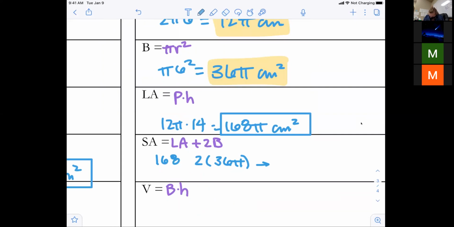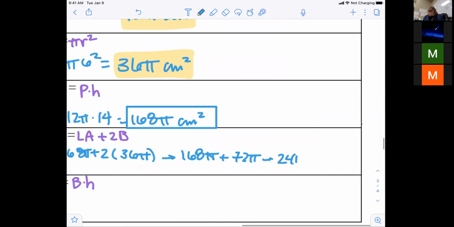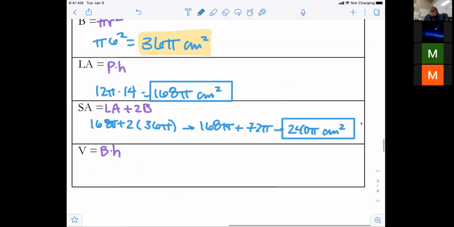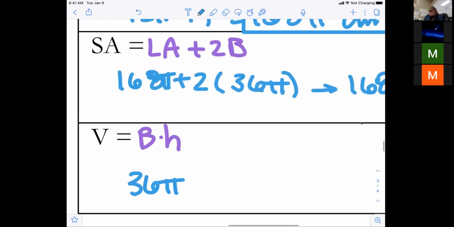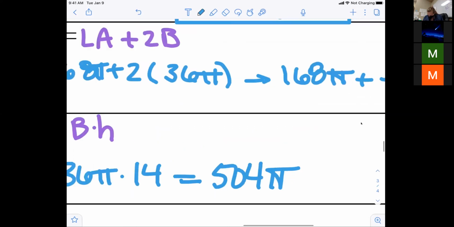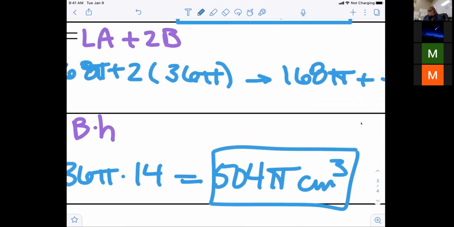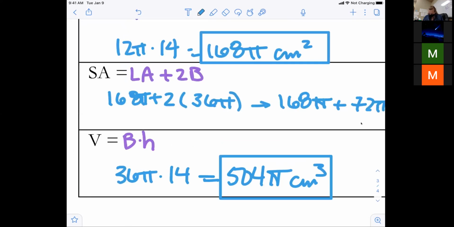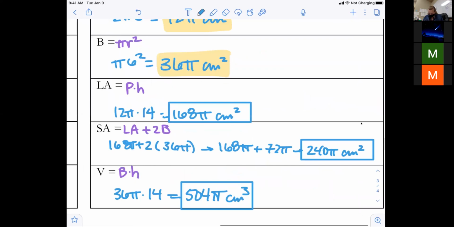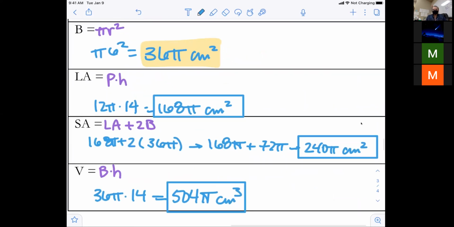Always bring pie with you. All right, guys, I've got my LA, my SA, and my V all up now too. Anybody have any questions, differences, concerns?